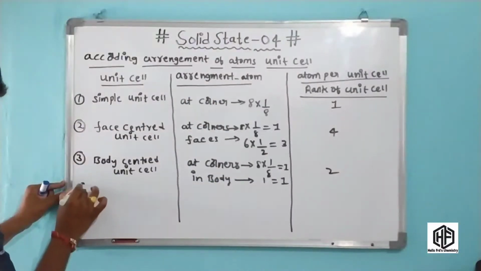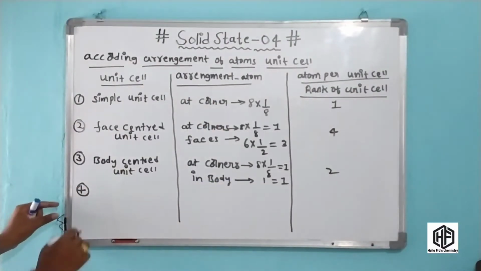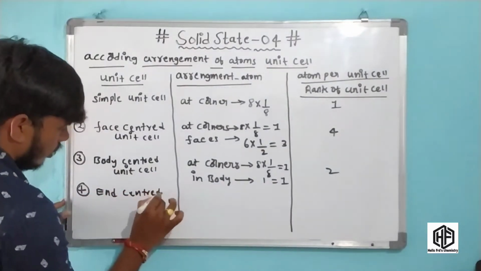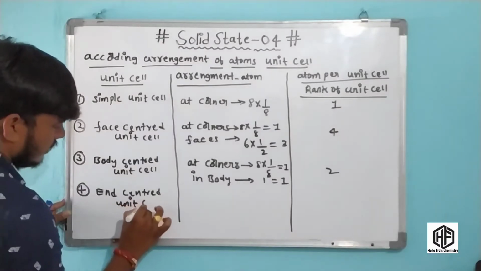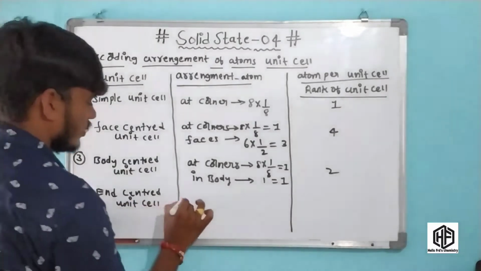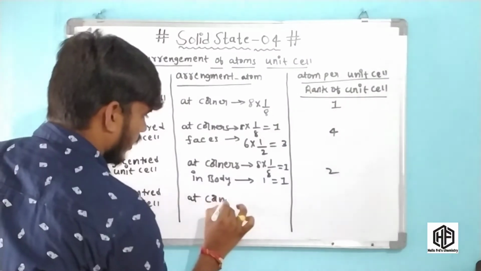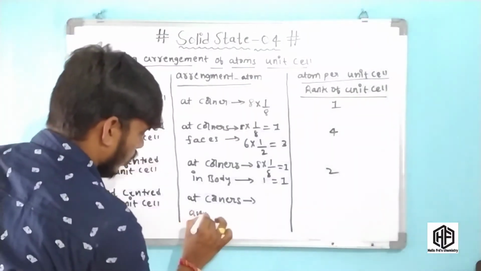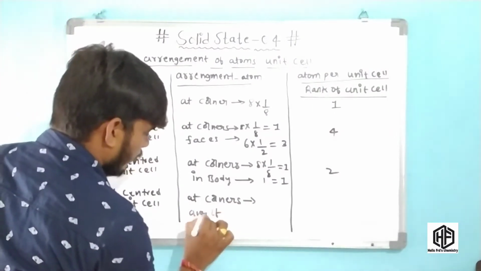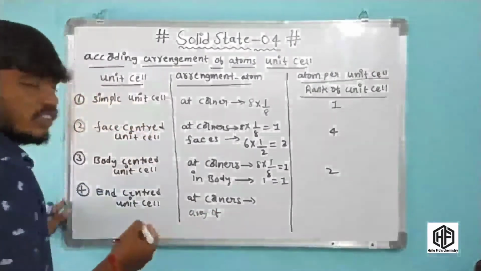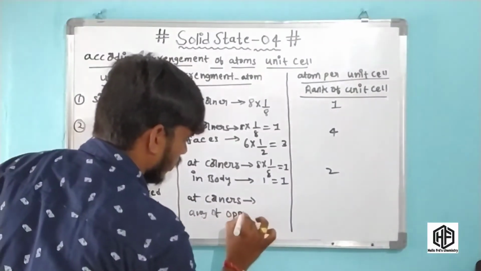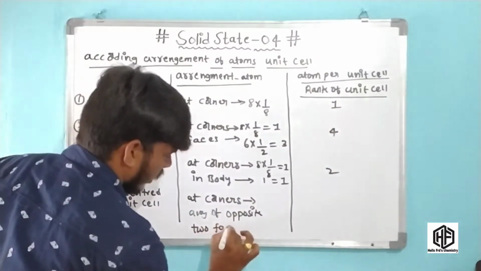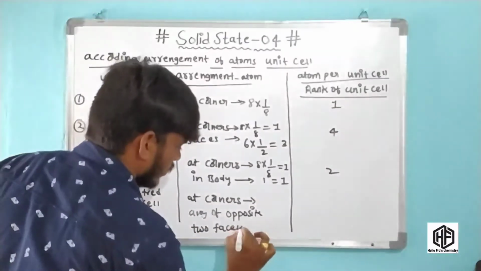Okay friends, the fourth one is the end centered unit cell. In the end-centered unit cell, atoms are arranged at corners and at any two opposite faces.